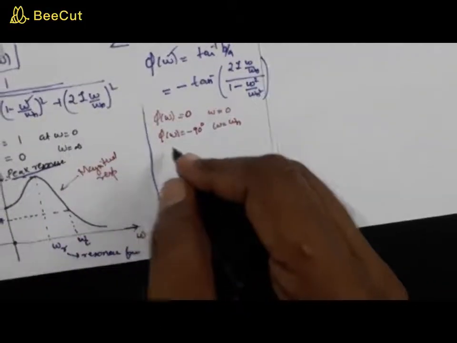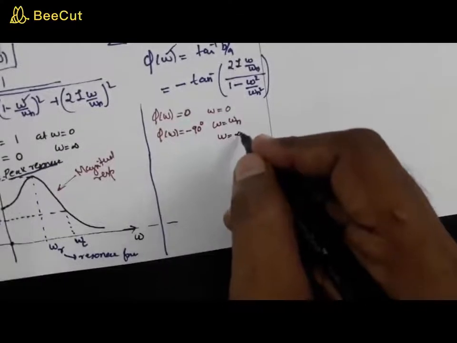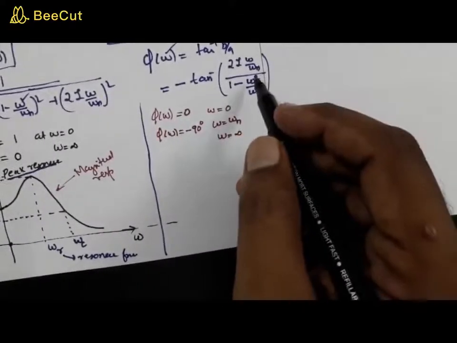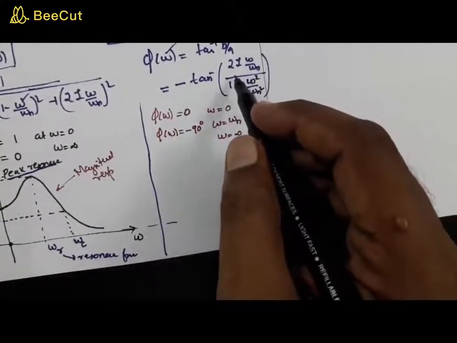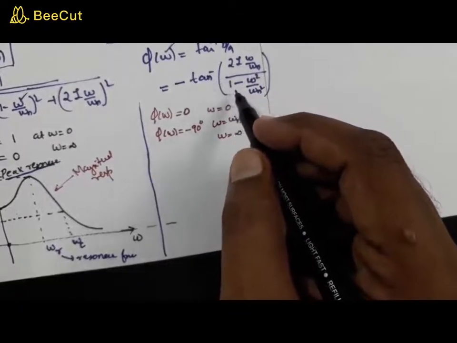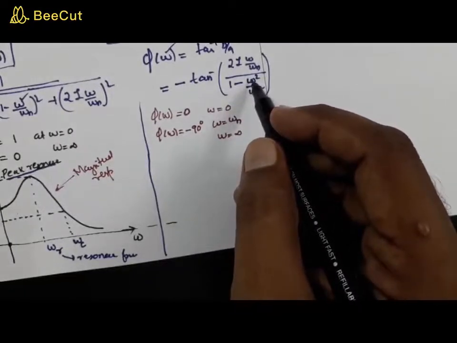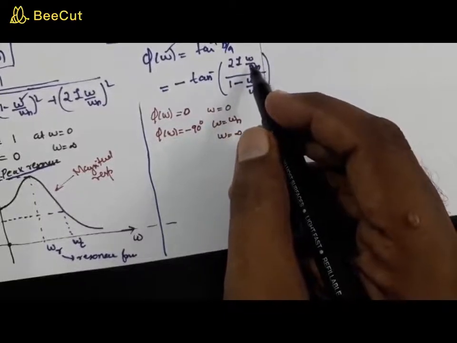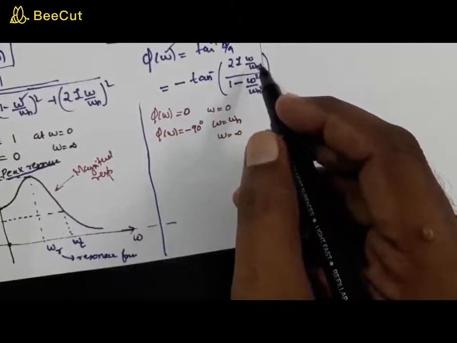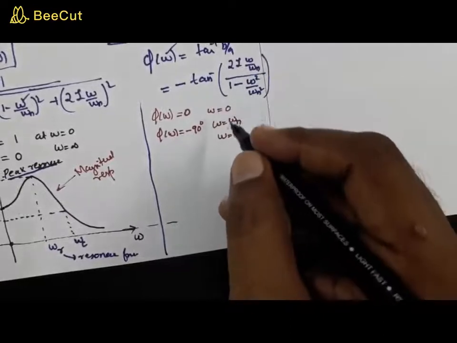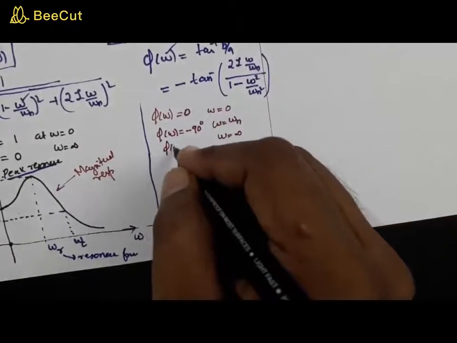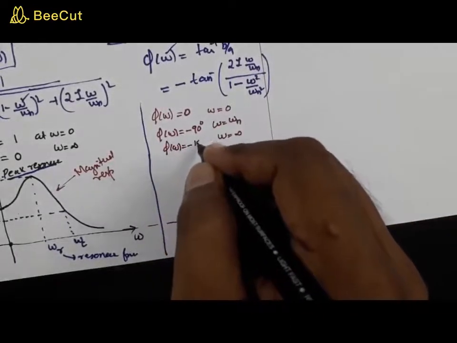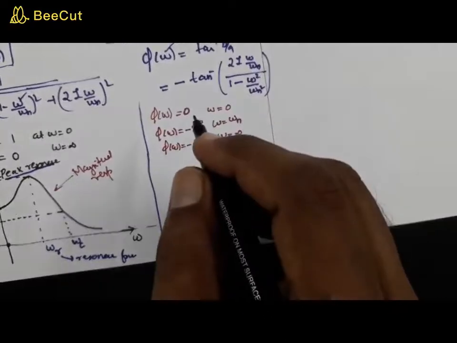Now what happens when omega becomes equal to infinity? When omega becomes infinity, this is also infinity. So what you are going to get is phi of omega equal to minus 180 degrees.